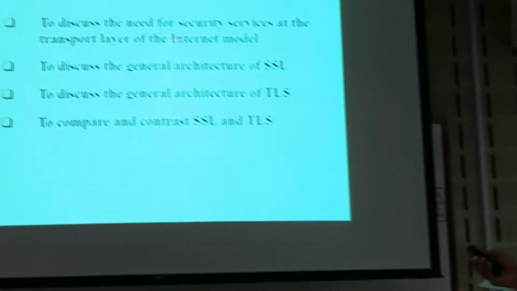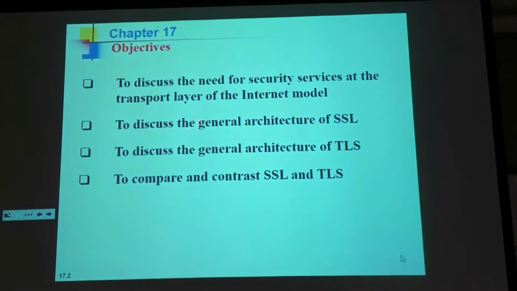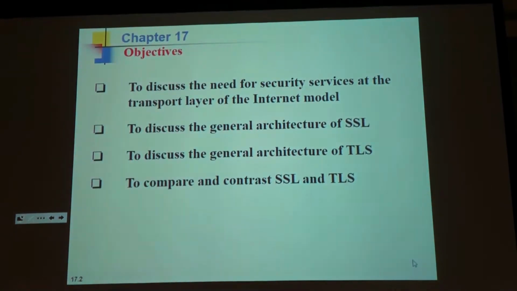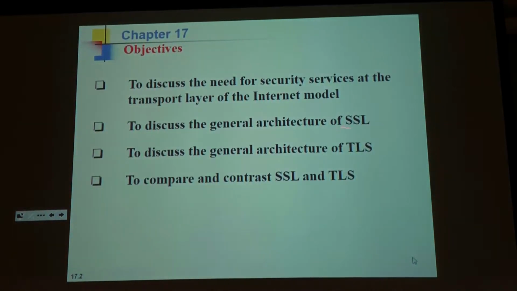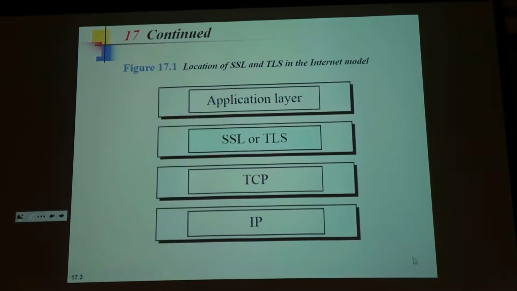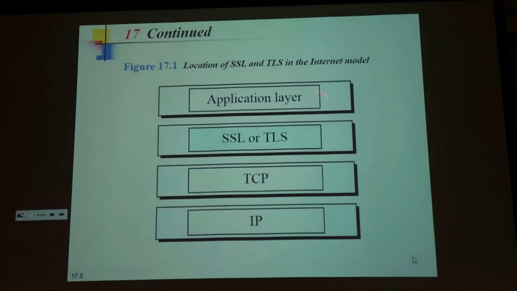We're going to discuss the need for security services at the transport layer of the internet model. We discuss SSL and TLS, and then we compare SSL to TLS. That's the topic for today. As you know, you have the IP protocol, on top of it TCP, then the application layer.